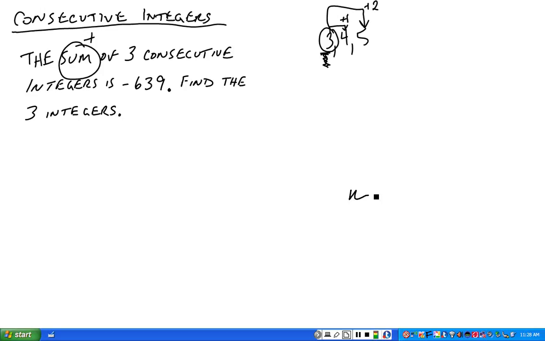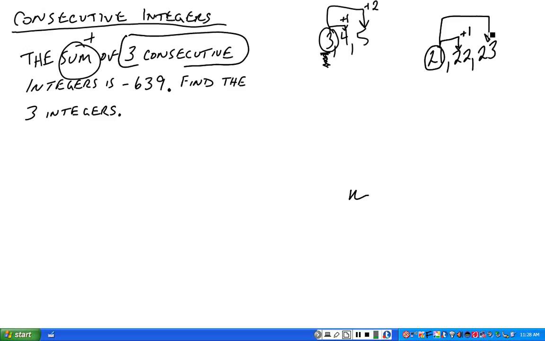So let's try 21, 22, 23. These are, once again, 3 consecutive integers. Looking at the behavior, to get from 21 to 22, I add 1 to the first number. To get from 21 to 23, I add 2. So if I add 2 to the first number, it gives me the third number.